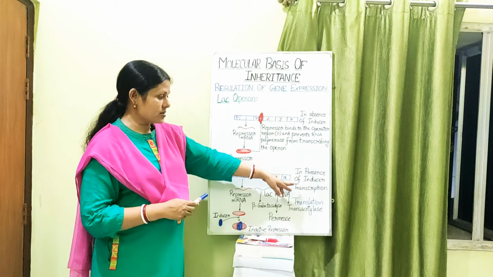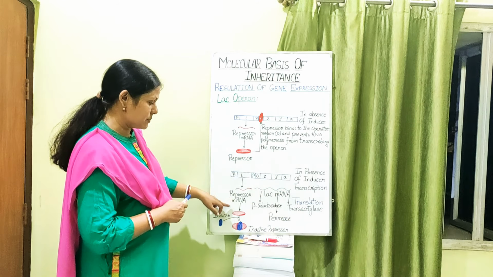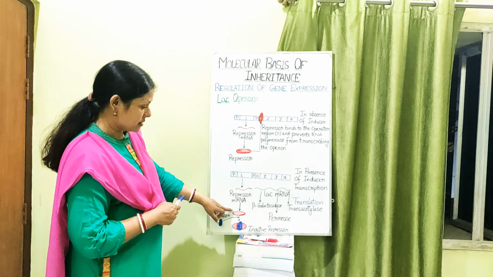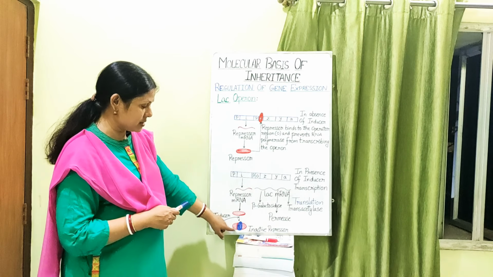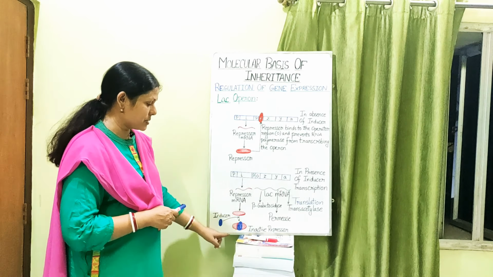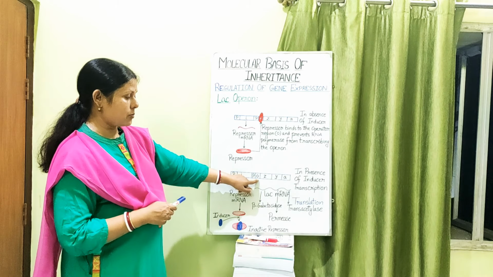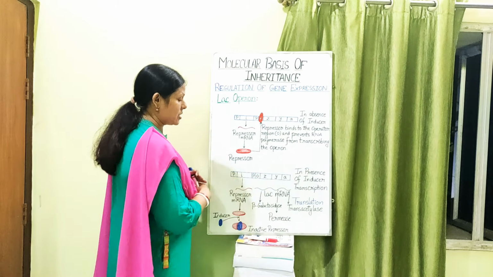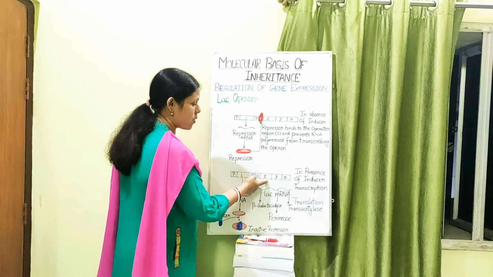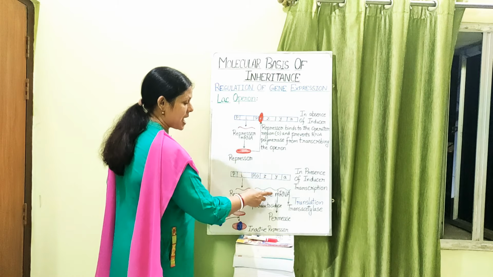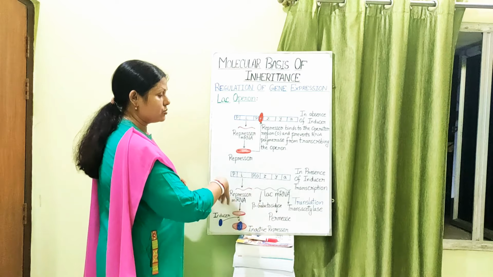And when there is presence of the inducer, that is lactose, the regulatory gene produces the repressor mRNA, and as a result the repressor protein is produced. Because of the inducer or the lactose binding with this repressor protein, it makes the repressor protein inactive. As a result, it gets released, it cannot bind with the operator region, so the region is free. Now easily the RNA polymerase can come and bind with the promoter region, and all these structural genes can be transcribed, and then translated into the respective enzymes to be utilized.